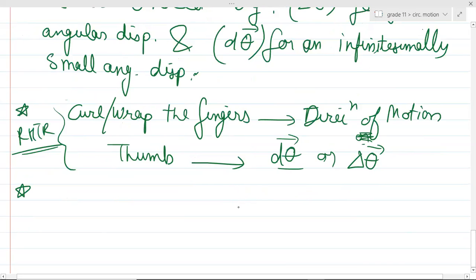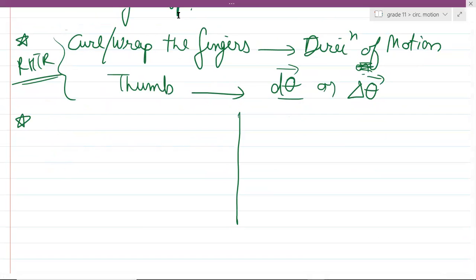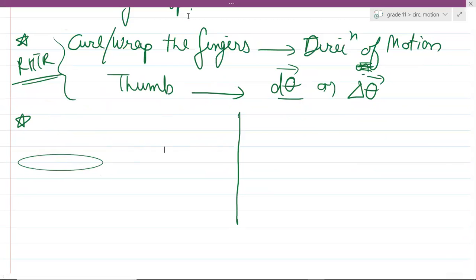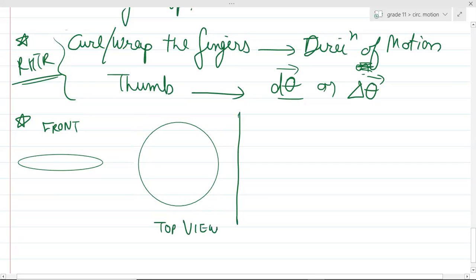For example, suppose I'll be drawing both the things. As you can see, this is the front view and this is the top view. So basically, suppose this is the center.